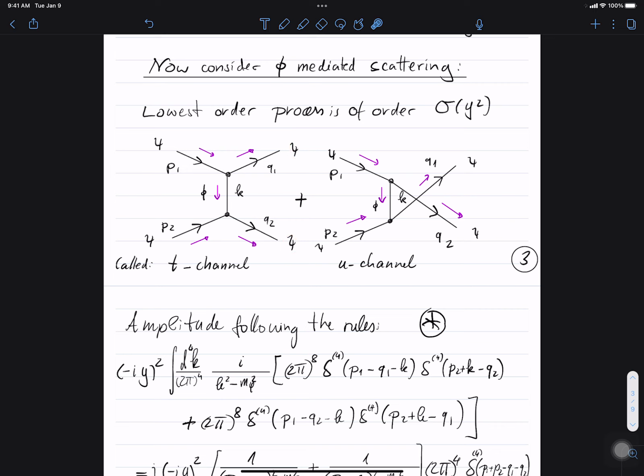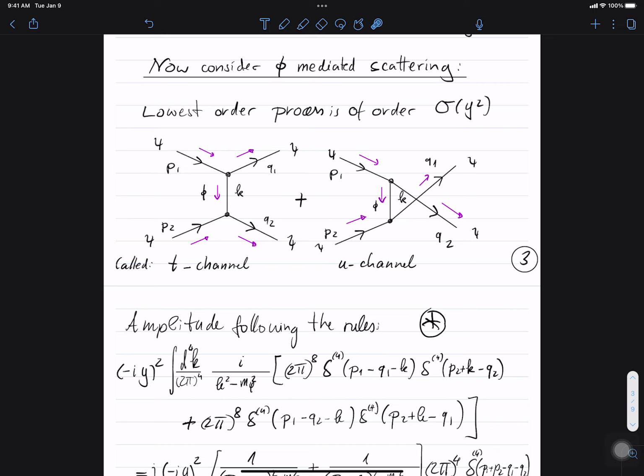So the momentum flow goes like this, and also the charge flow goes like this. So there's a particle coming in, there's a particle going out, arrows go through. Same here on the other side. We exchange the phi, the momentum vector here goes in this direction, we call it k, and the incoming momenta we call p, and the outgoing we call q.